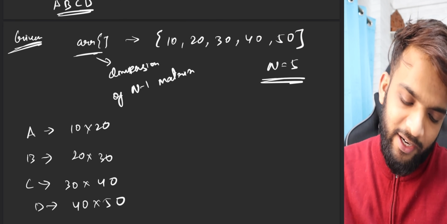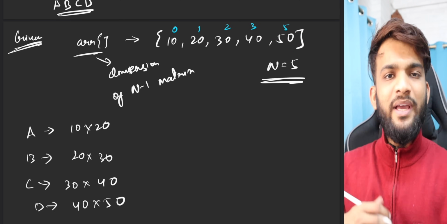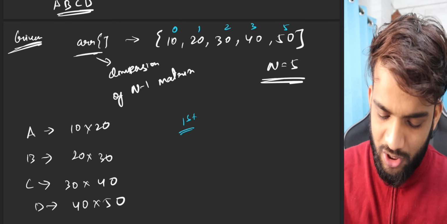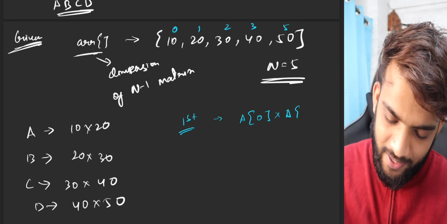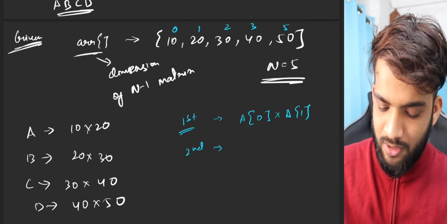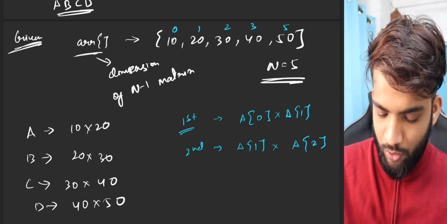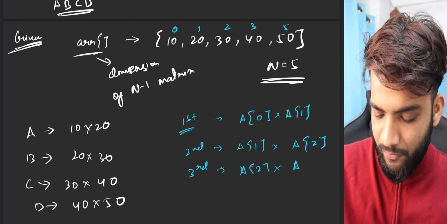So if I try to index them, can I say for the first matrix, the dimension is A of 0 into A of 1. For the second matrix, the dimension is A of 1 into A of 2. For the third matrix, the dimension is A of 2 into A of 3.